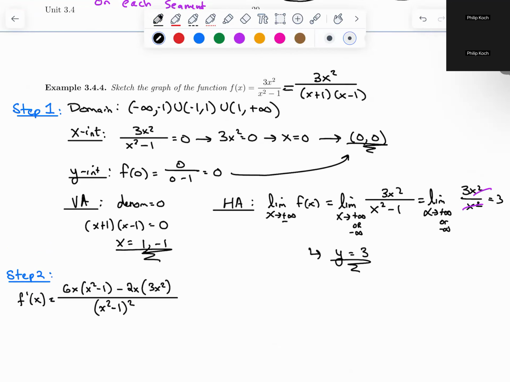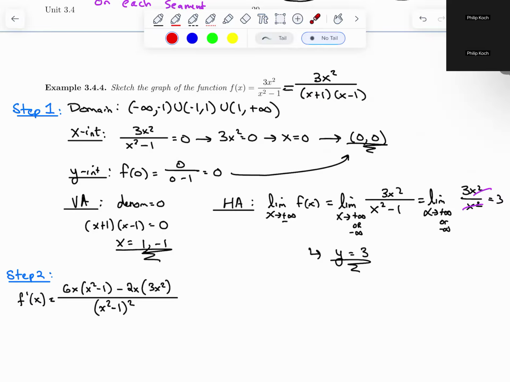And a couple things here. Notice that I used the simplified version, not the factored version, to find my derivative. Otherwise, I have to do way more. If I use the factored version, then in addition to doing a quotient rule, I have to do a product rule inside of it, which is unnecessary.